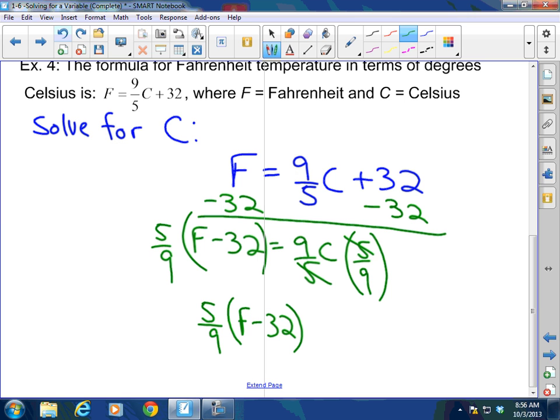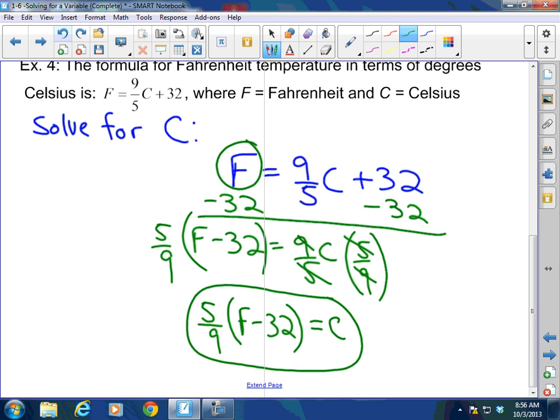The 5's here cancel, the 9's cancel, equals C, and I am done. Done. Over. Bye-bye. Isn't C alone? You have just solved for C. You're done. All we did was use the skills as before, guys. The only difference, this F here could not be combined. It wasn't a number. Whoop-de-doo. So what? Same skills. Don't stress your lives.